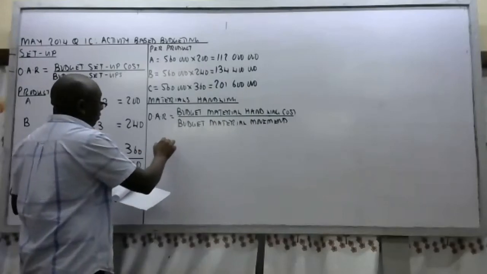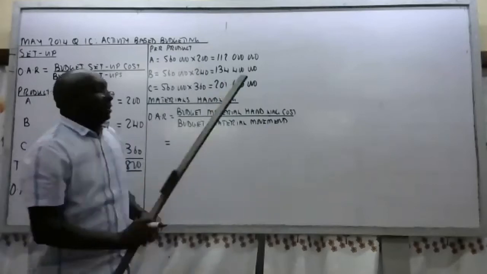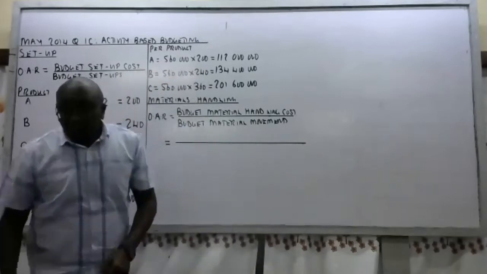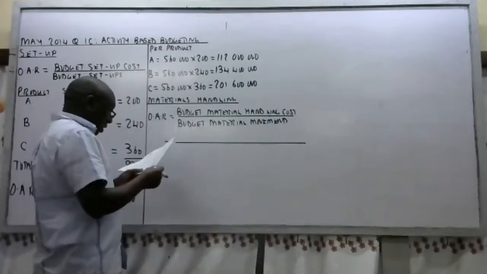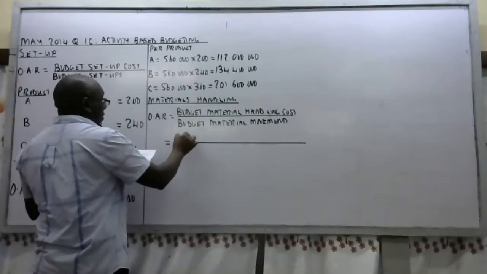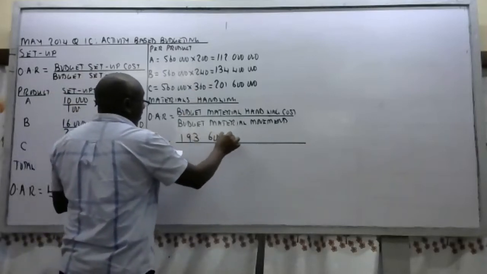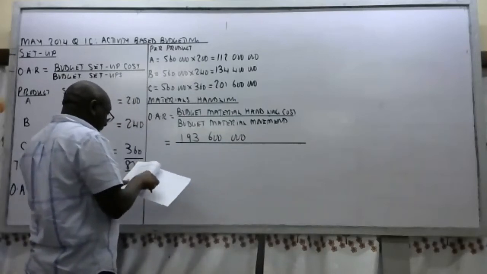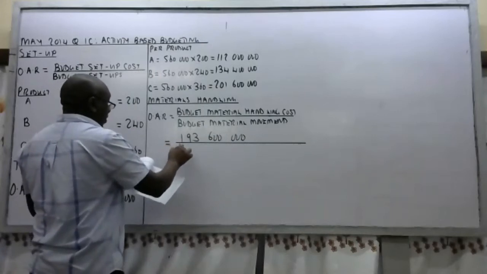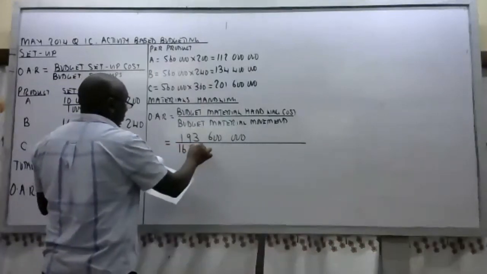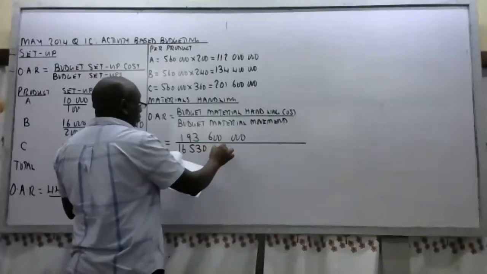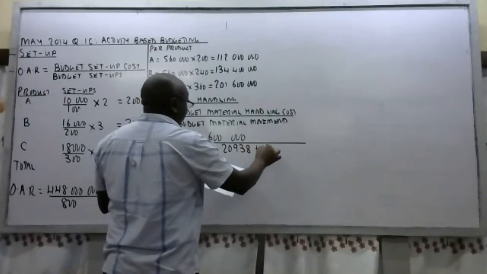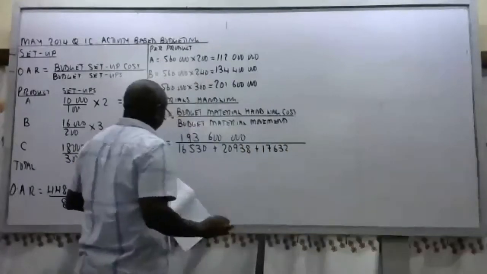So this then should be given as the material handling is 193,600,000. You are supposed to divide it by 16,530 plus 2938 plus 17,632.